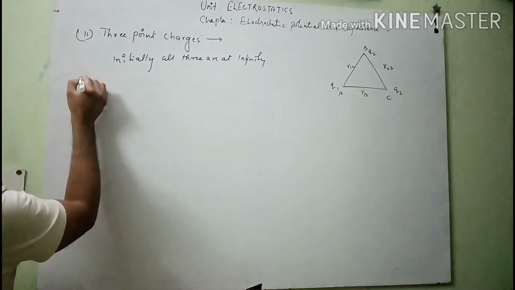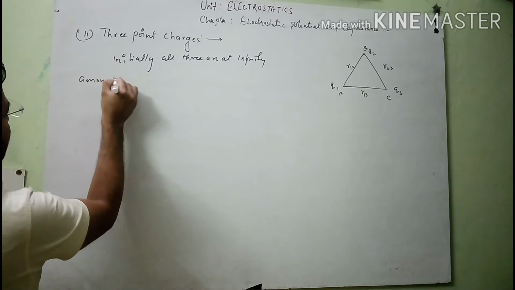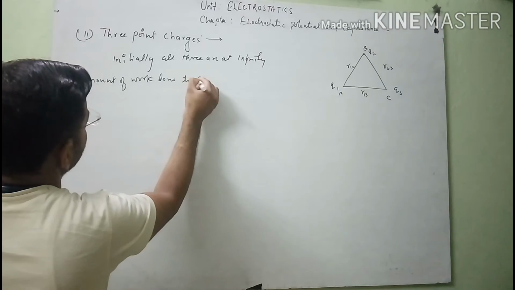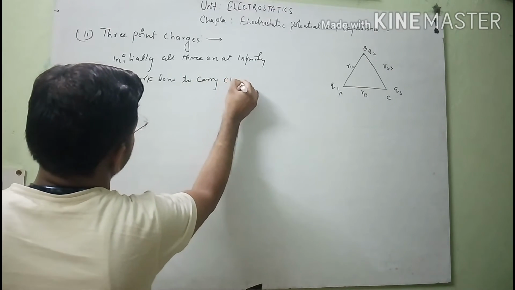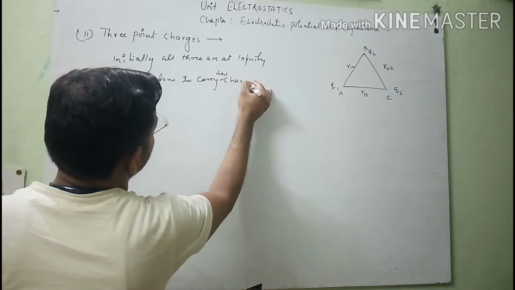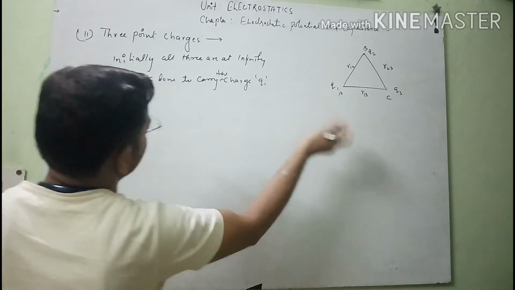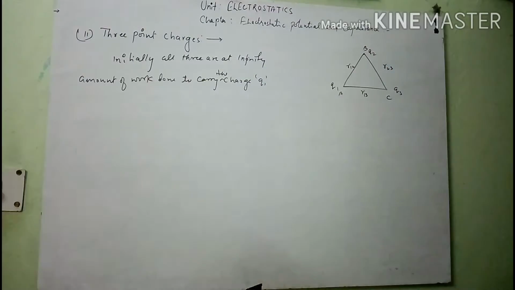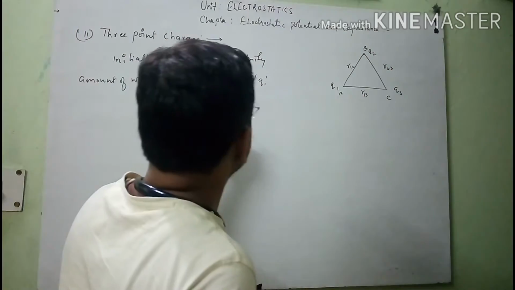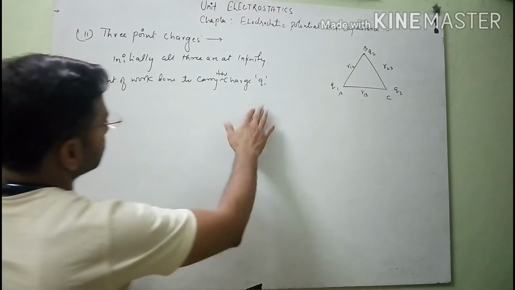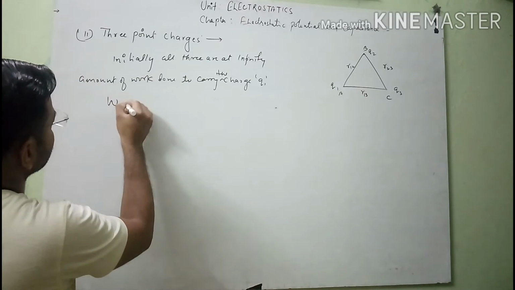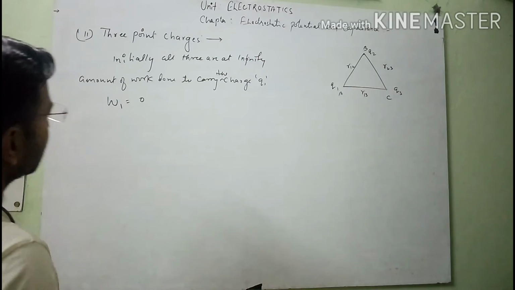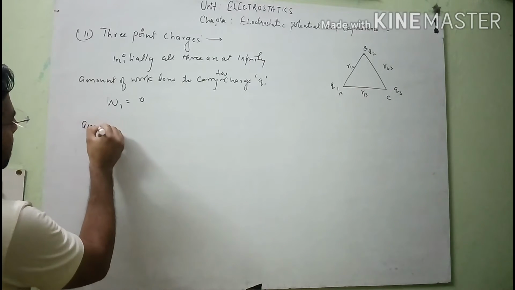So the amount of work done to carry the charge Q1 from infinity to its respective position in the system, because this one is our first charge, the work done will be 0, because of the absence of an electric field.